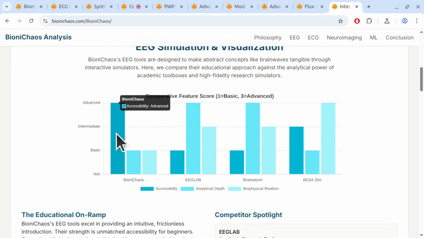Yeah, that Bionic Chaos is the most accessible, and that's for obvious reasons, considering it's all web-based. So you can use it straight away. There's no logins and things like that. You don't need to download anything. So that's the main advantage of it.